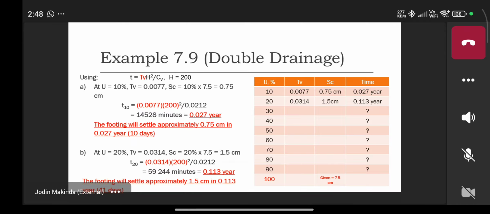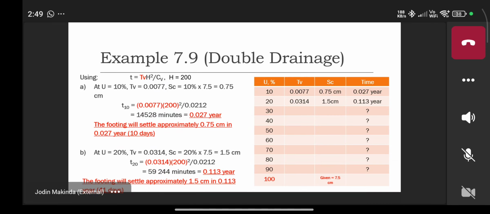Remember, the CV value is given in centimeter, therefore your H is also in centimeter. Solving the equation, we find the time at 10% is equivalent to 0.027 year. Meaning that the footing will settle approximately 0.75 centimeter in 0.027 year. This is 10%.